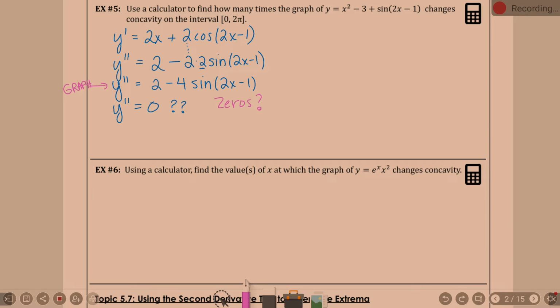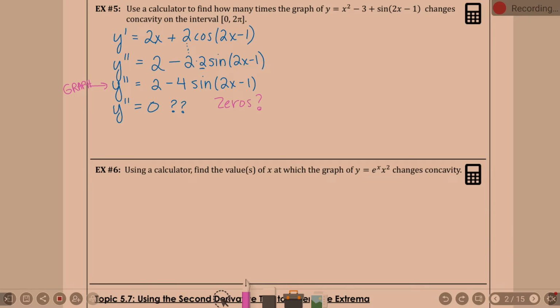Okay, hold on. Basically what you do is you graph 2 minus 4 sine 2x minus 1. I'm in radians now. Let's do Zoom 7. There we go. Much better. Sorry, guys. I made sure to change my calculator to degrees for Hannah just in case.